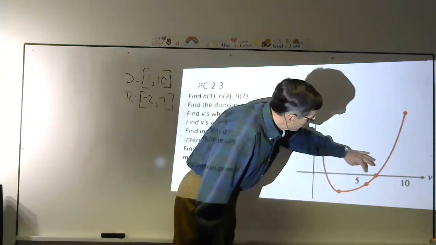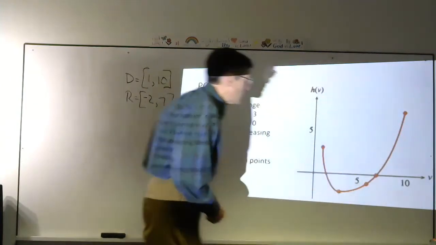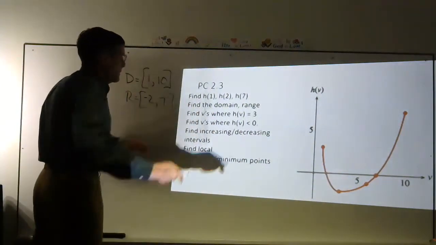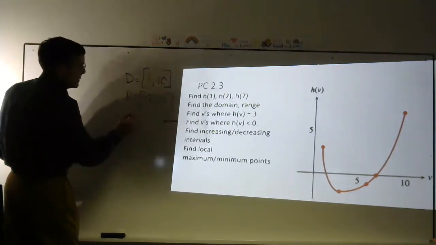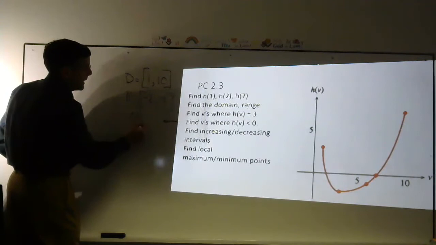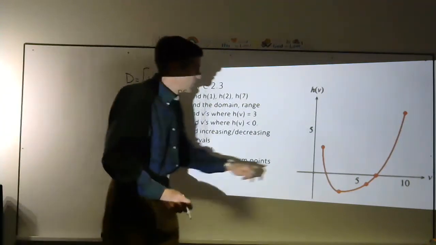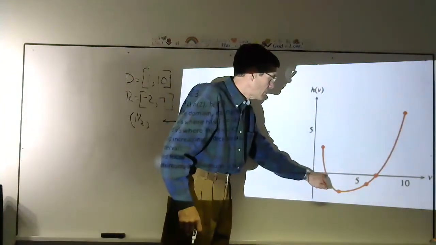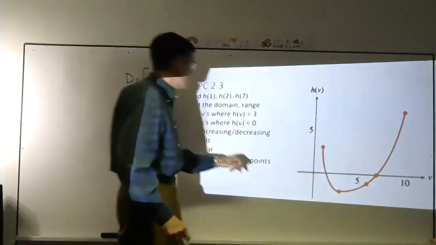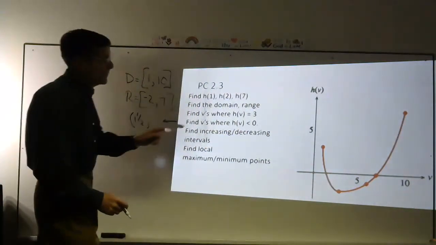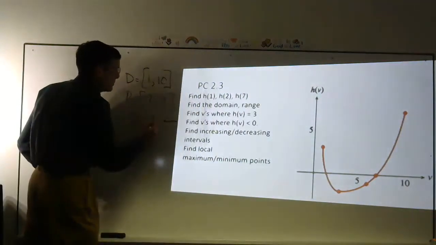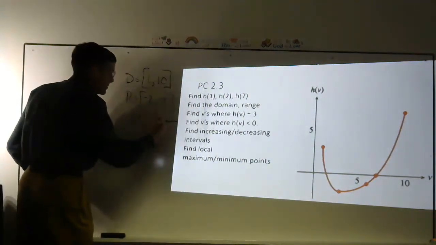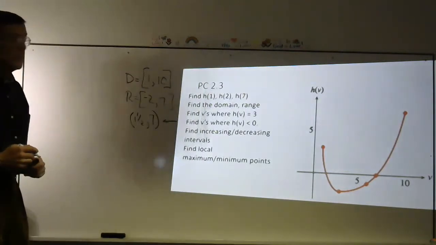And 5, 6, 7 puts me right on the x-axis. So where the y values go down, I'm going to say parentheses 1.5, because 1.5 puts me dead on it. I don't want to be dead on it. I want to be below 0. Up to 7, and 7 puts me right on the x-axis, so it'd be from 1.5 up to 7.